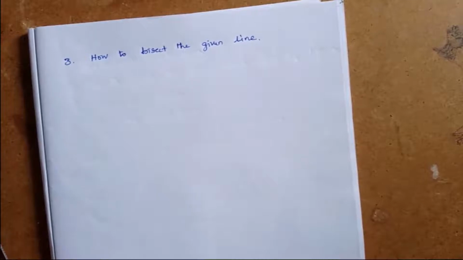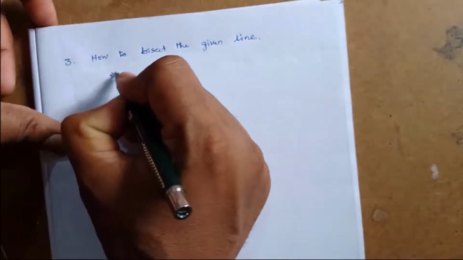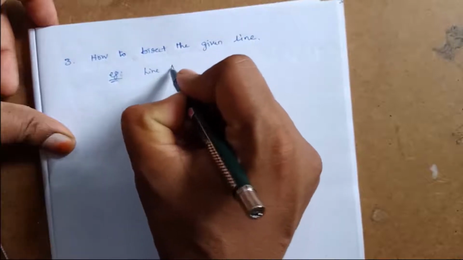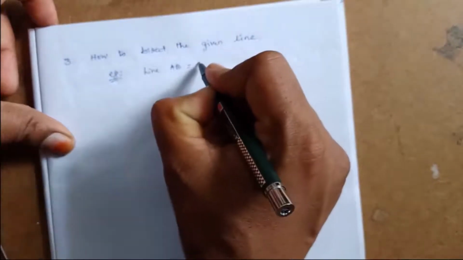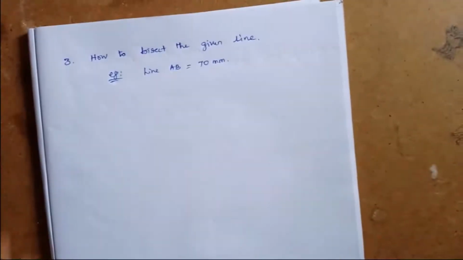In this, it is very easy. Let us consider the line AB, for example, of 70 mm. You have to find out the bisecting point of this line AB.